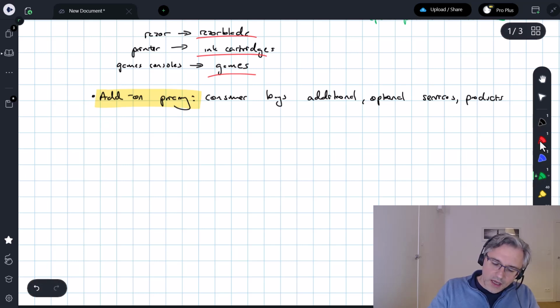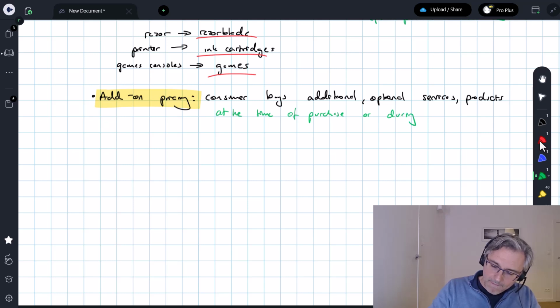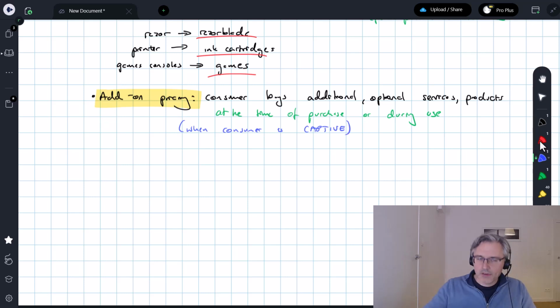This could be at the time of purchase of the initial product, or during its use. Now, the key here is to capture the client, when the consumer is focused on the sale, when they are captive, when they are ready to commit to the purchase, get them to buy something extra.